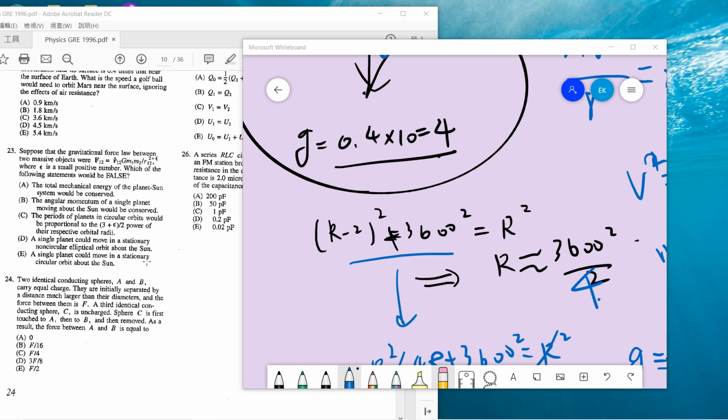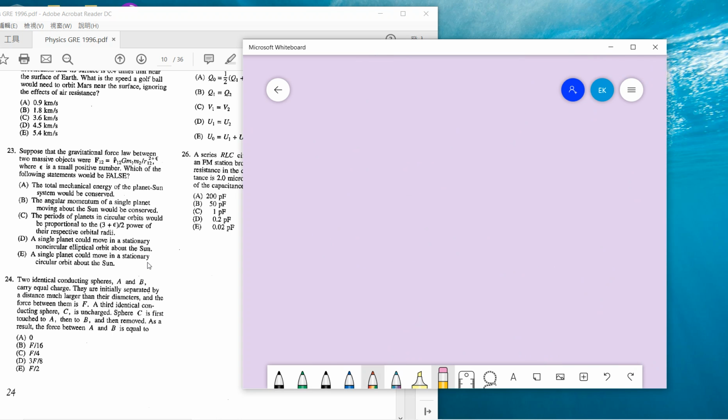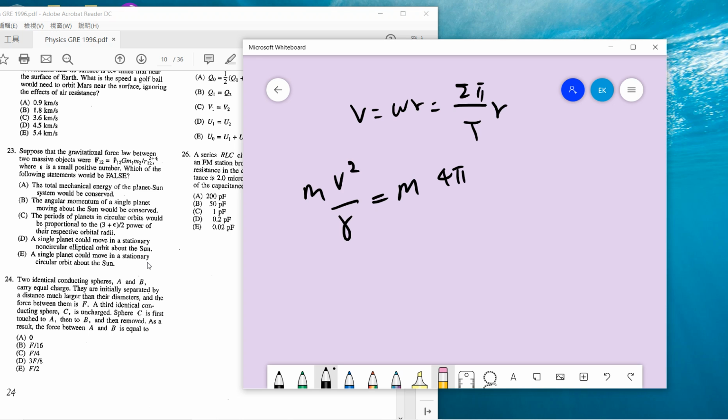C, the period of the circular orbit will be proportional to 3 plus epsilon divided by 2 power of the respective orbital radii. So this is mv squared divided by r. We just use the definition, v is omega r, basically 2 pi over T times r.